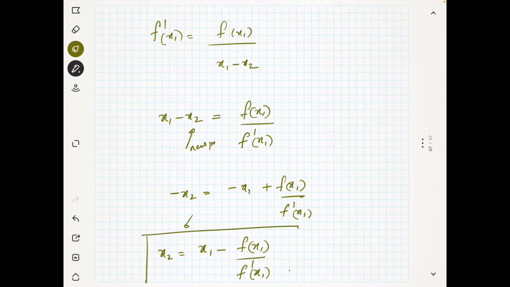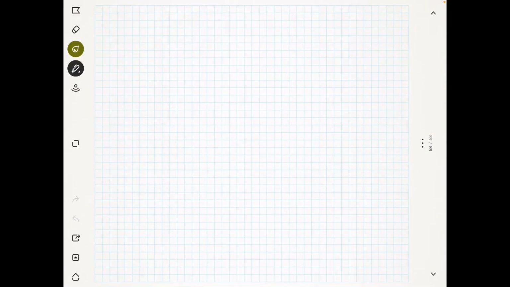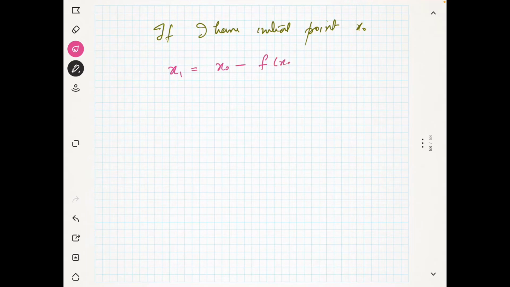So this is how you are proceeding. Or I can say in another way, if I have an initial point or a solution x0, then I can calculate my x1 from x0 as x0 minus f of x0 divided by f dash of x0, right?